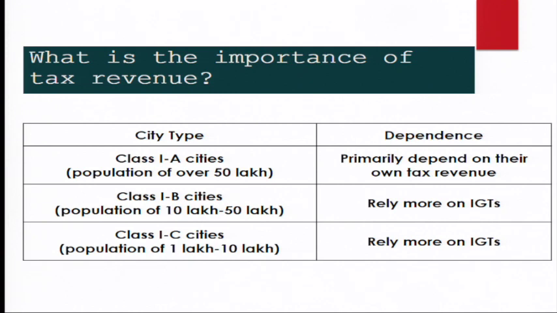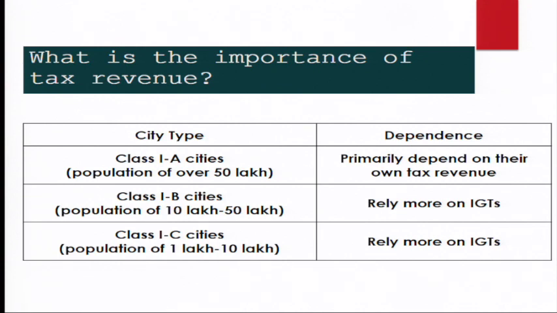A city with a population of over 50 lakhs can be classified as a class 1A city, and a city with a population of roughly 10 lakhs to 50 lakhs can be classified as a class 1B city. Likewise, a smaller town, in the range of 1 lakh to 10 lakh population, can be termed a class 1C city.